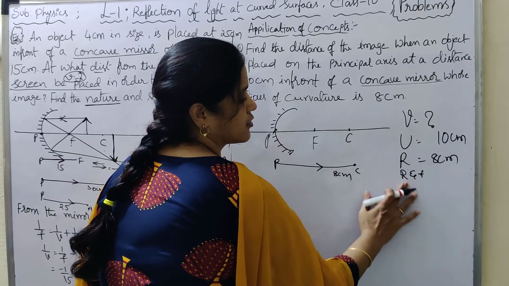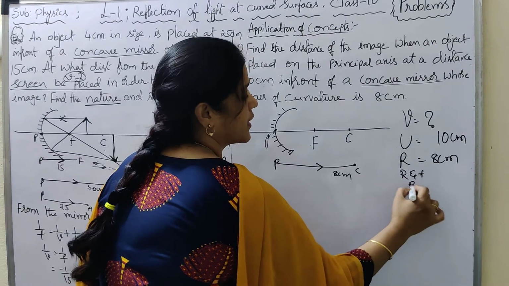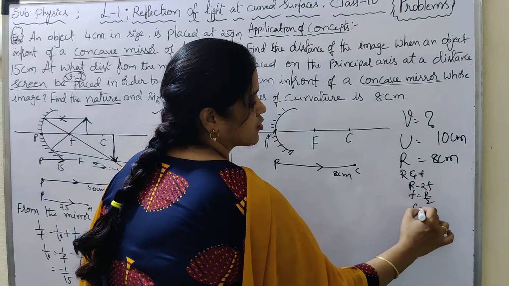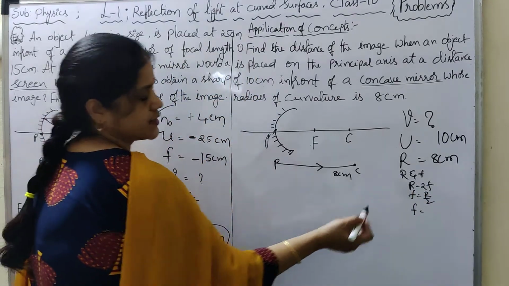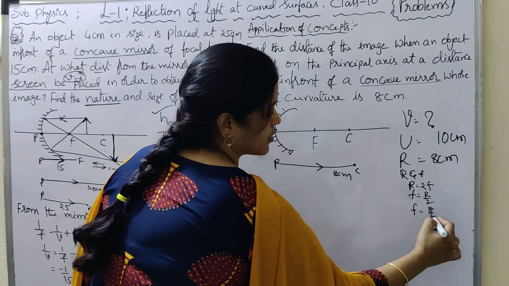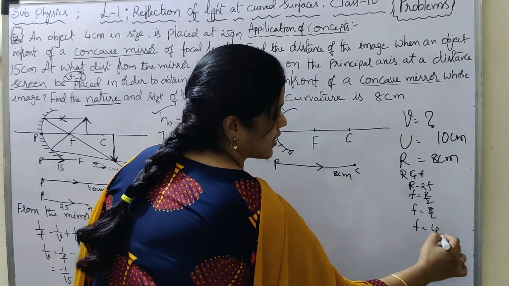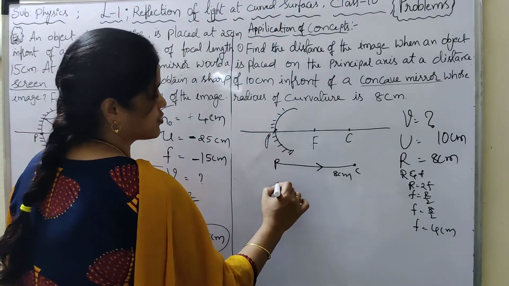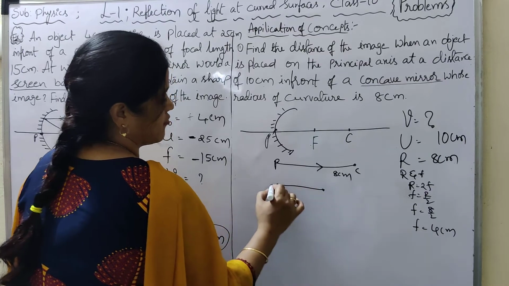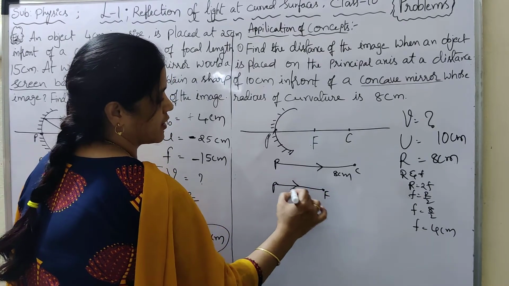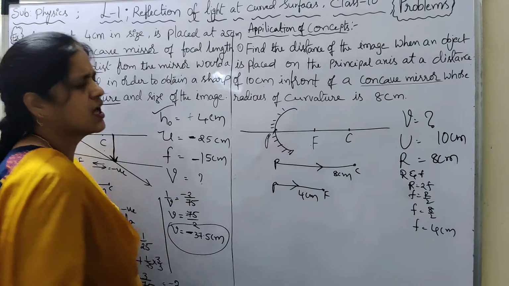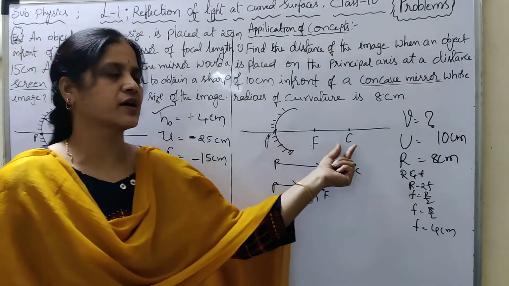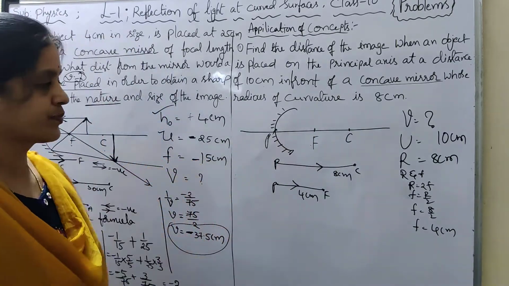Radius is equal to 2f. So f is equal to R by 2, which is 8 by 2. Then you will get f as 4 centimeters. So from P to F, you are getting 4 centimeters. Without calculation also you can write it, because focal length is always half of the radius of curvature.